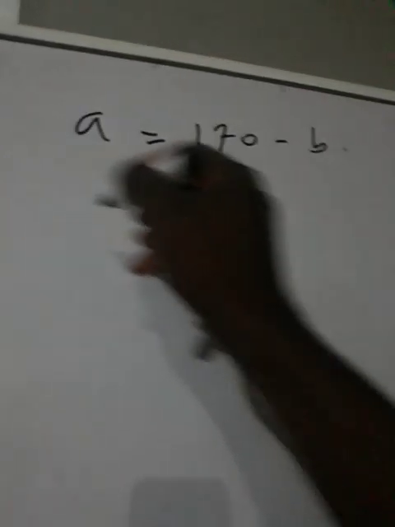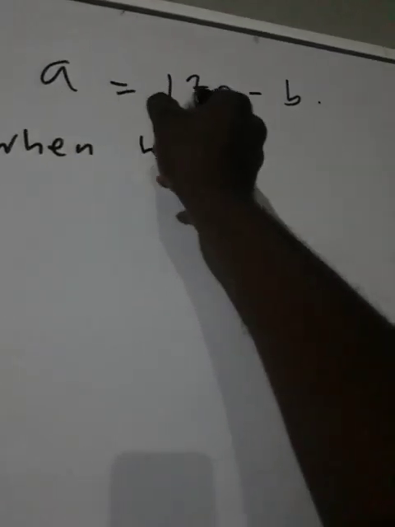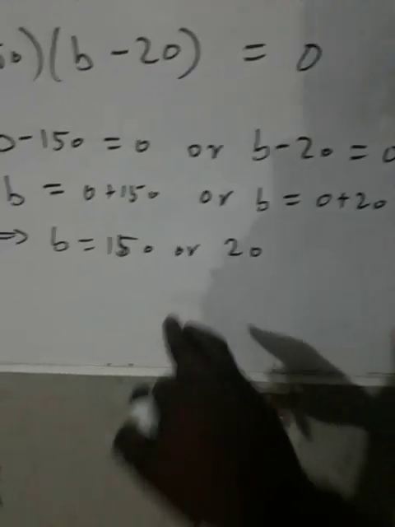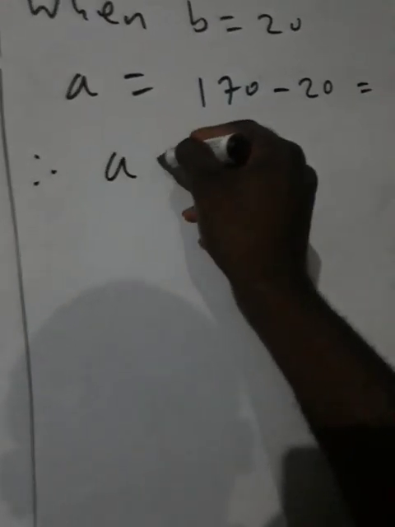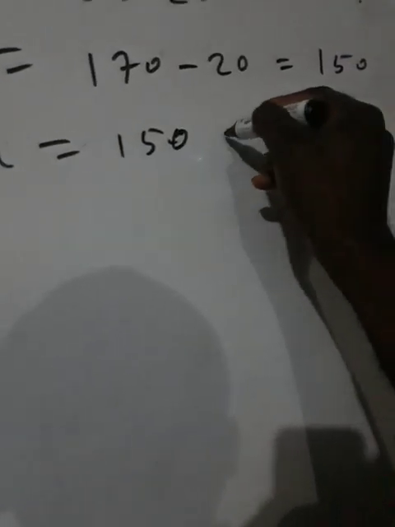When b is equal to 150, a is equal to 170 minus 150, which is equal to 20. Because we have two values for b, when b is equal to 20, a is equal to 170 minus 20, which is equal to 150. Therefore, a is also equal to 150 or 20.